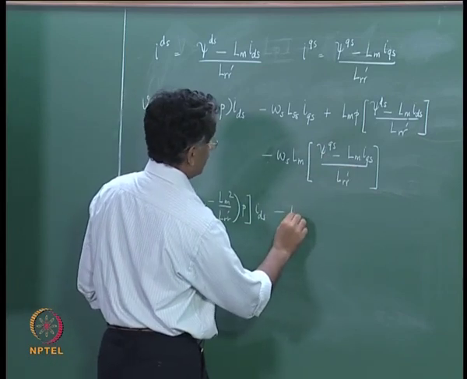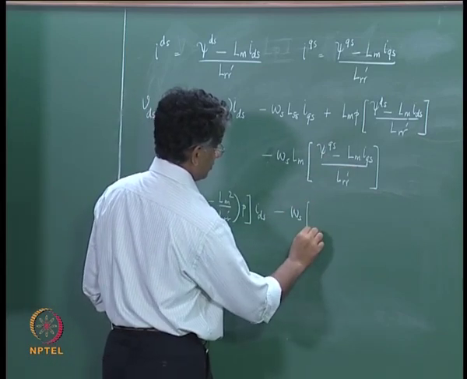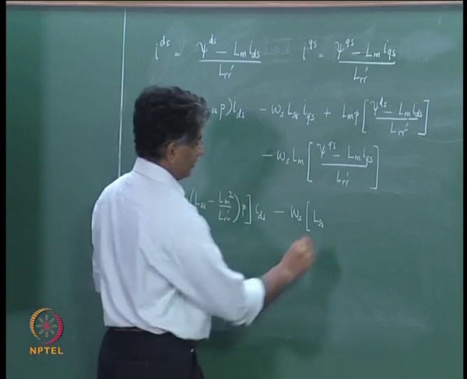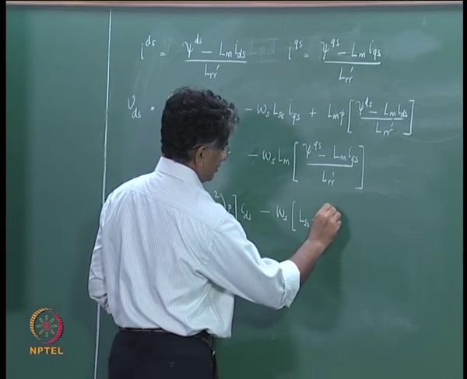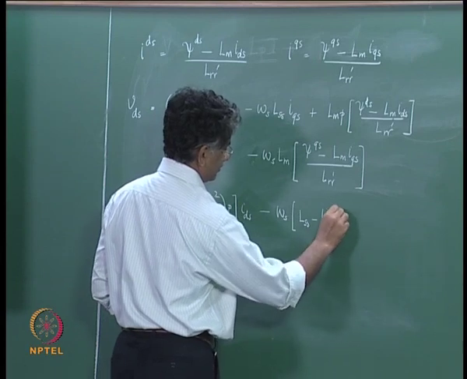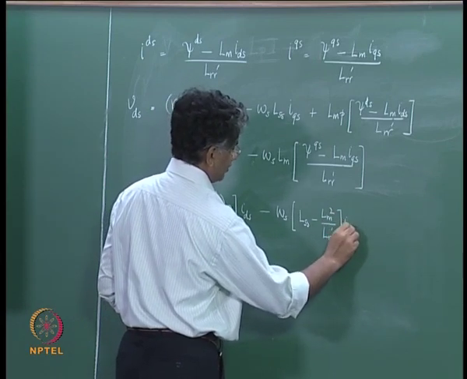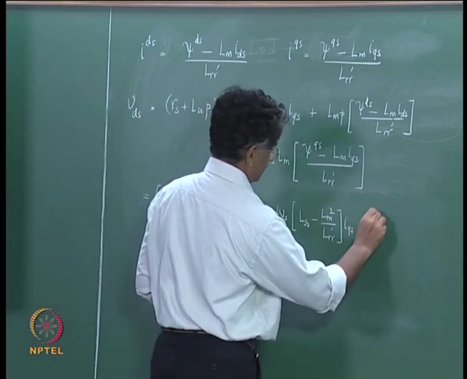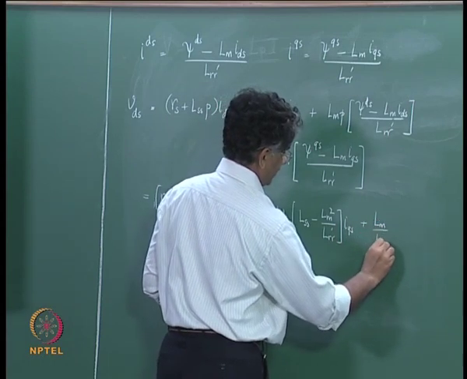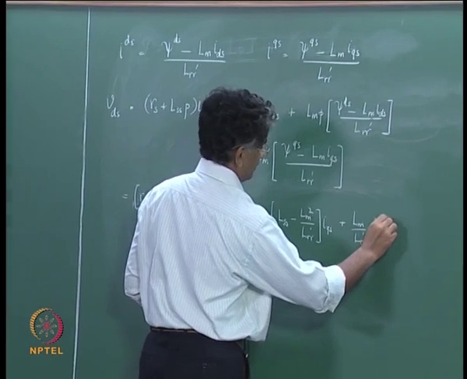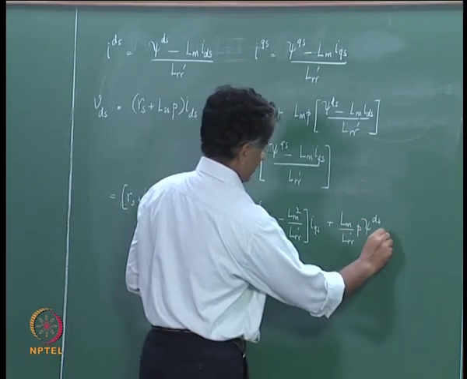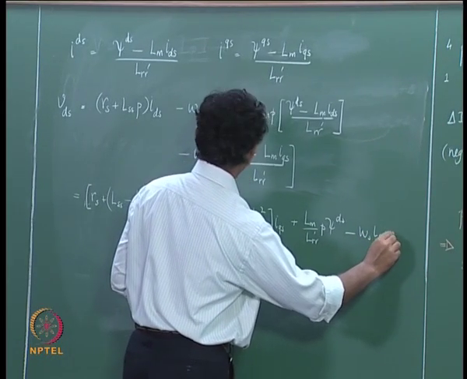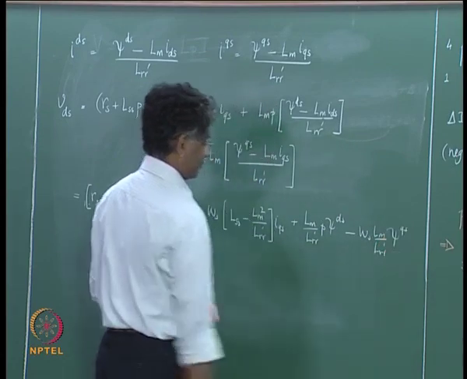So, you have minus omega s into Lss, and then here minus Lm square by Lrr dash into Iqs, and then you have plus Lm by Lrr dash p psi ds, and then here minus omega s Lm by Lrr dash into psi qs.